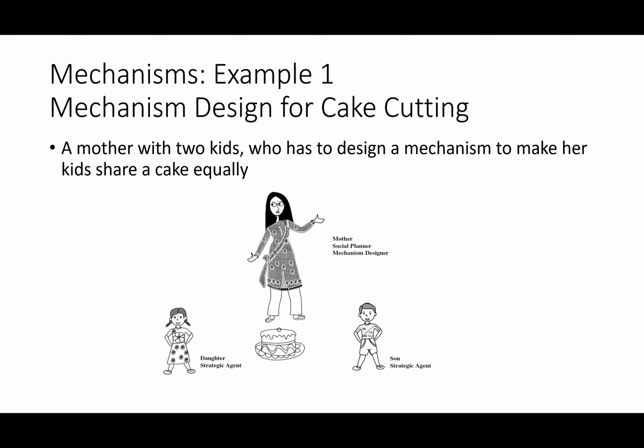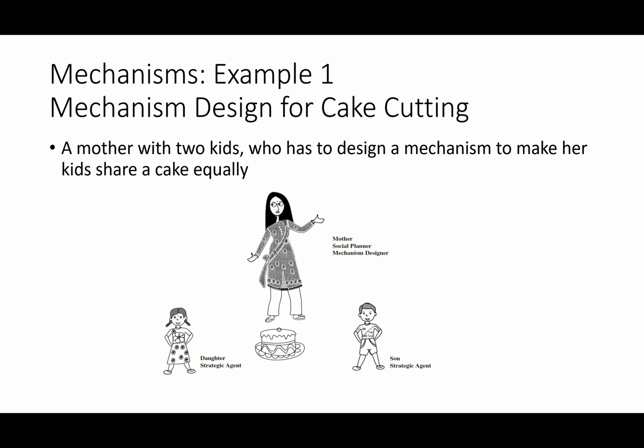And we call her the social planner or the mechanism designer in this case, because she is the one who brought up this whole idea for the game to be played. So in this game, we have the strategy for the boy and the strategy for the girl. The boy cuts the cake and the girl picks one. The boy's strategy would be either cut it equally, cut it unequally, whatever you can think of based on the games that we have looked at.